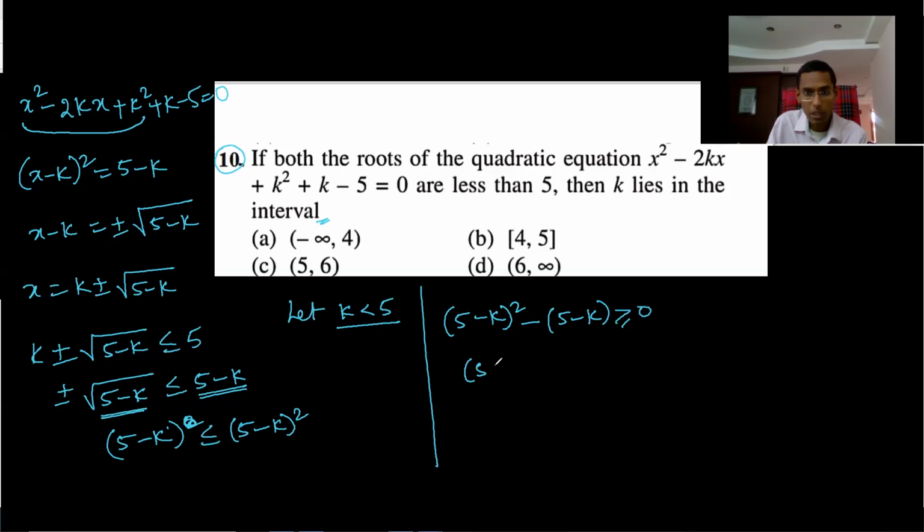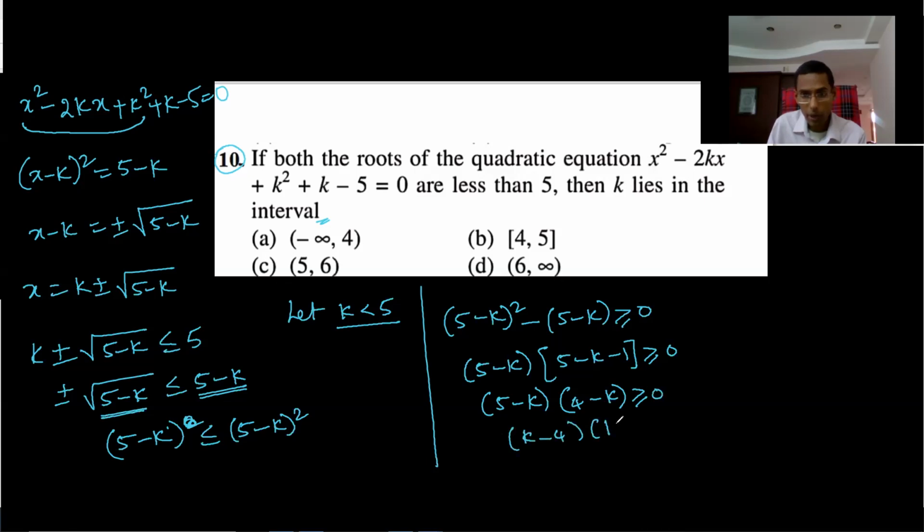Now if you take 5 minus k common, you get 5 minus k into 4 minus k greater than or equal to 0. So this is k minus 4 into k minus 5 greater than or equal to 0, since I have taken minus common, and the two minuses give plus.